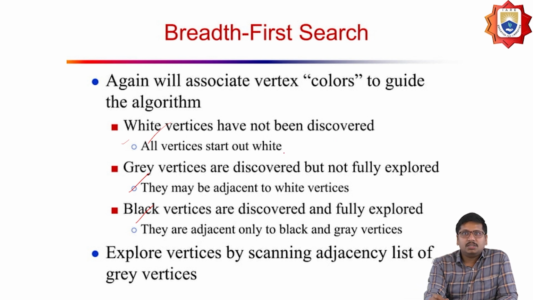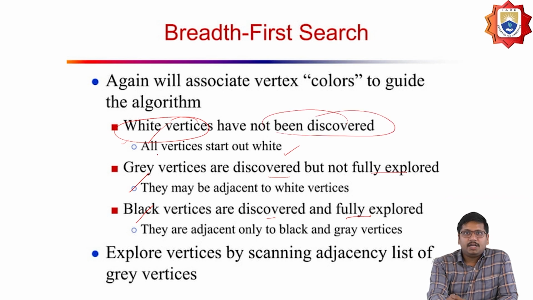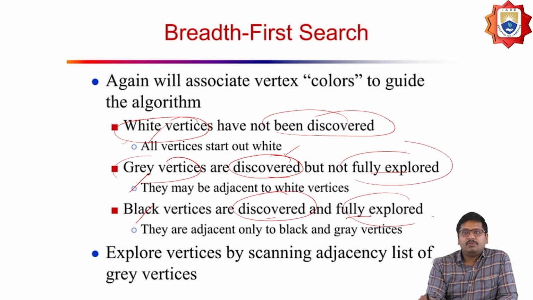All the vertices start out white. Gray vertices are discovered but not fully explored, and black vertices are discovered and fully explored.